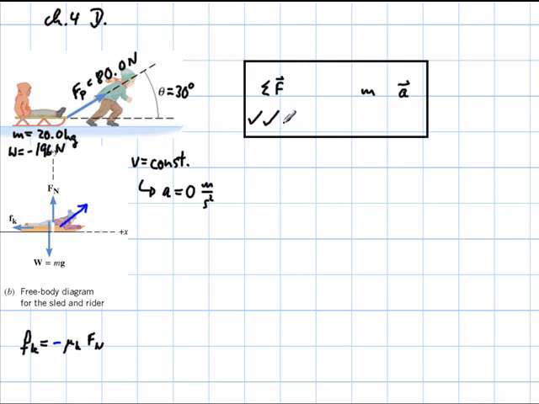Then the frictional force, but we don't know that, and we kind of have to know it at some point because it says in the problem, determine the coefficient of kinetic friction. So at some point we have to come up with the frictional force.